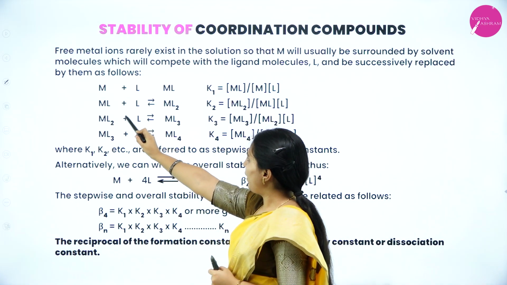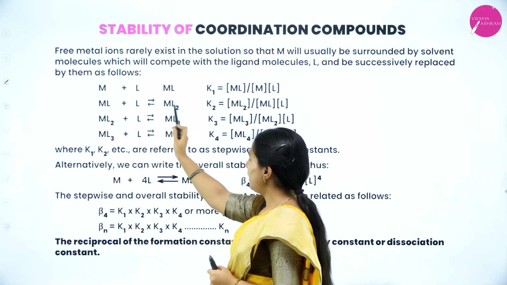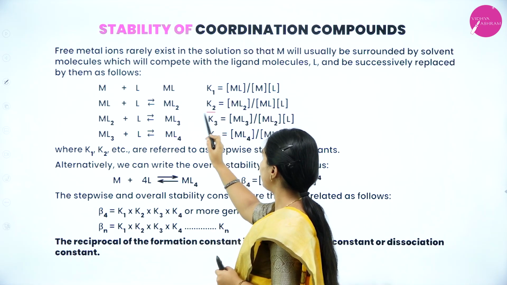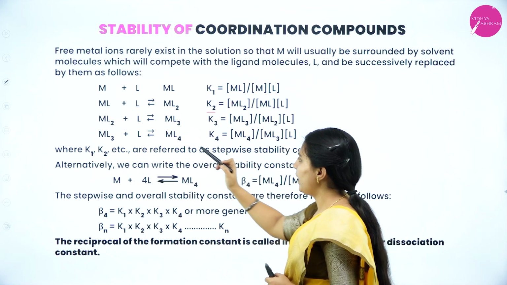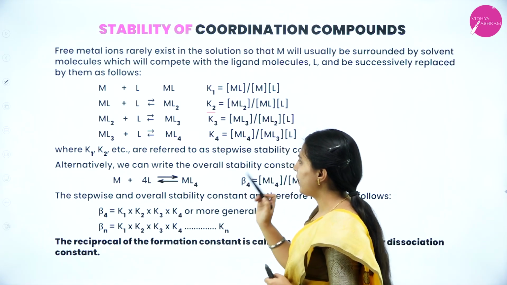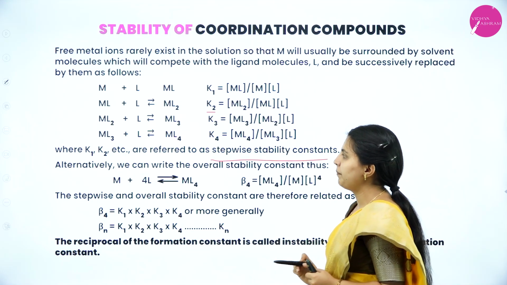See here, when metal and ligand react, ML plus L gives ML2 with K2, ML2 plus L gives ML3, ML3 plus L gives ML4, with K1, K2, etc. referred to as stepwise stability constants.